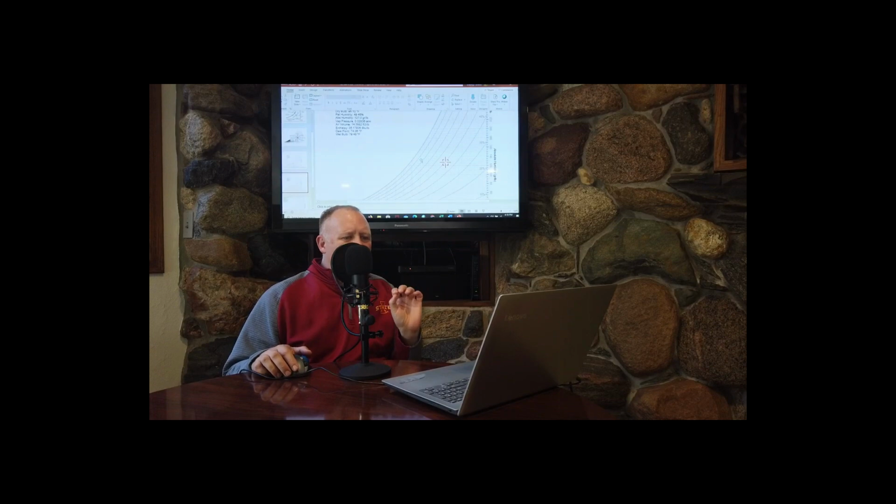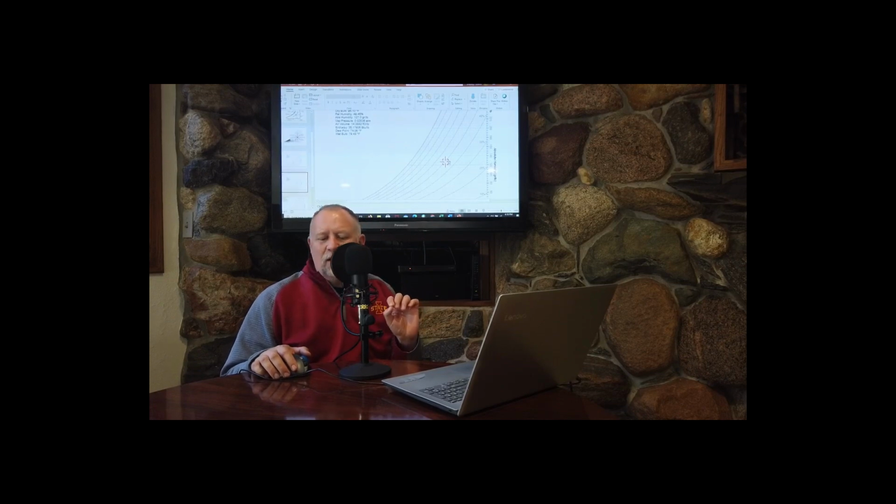All right, so find those points on the chart. It's important that you read it. Also notice, and we won't look at what the absolute vapor pressure is, but the important point is that the vapor pressure is much greater here at 95 degrees, 50% relative humidity than it is at 72 degrees and 50% relative humidity, which means every leak and crack and crevice in a building exterior, we are going to have hot and humid air.